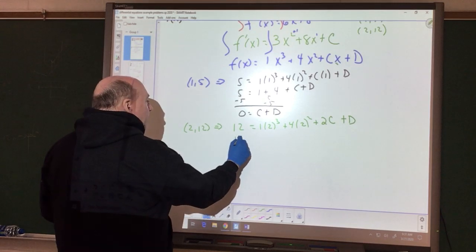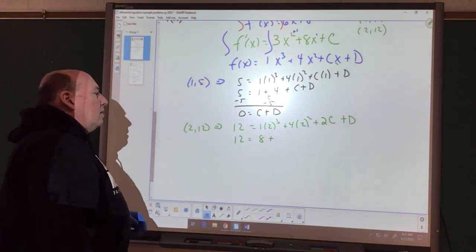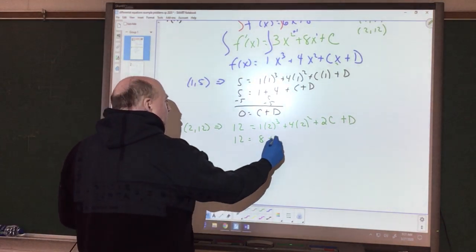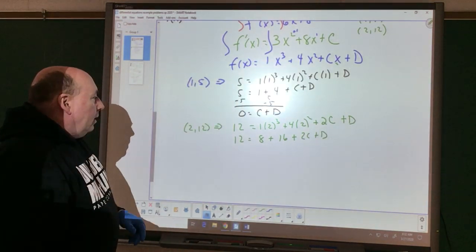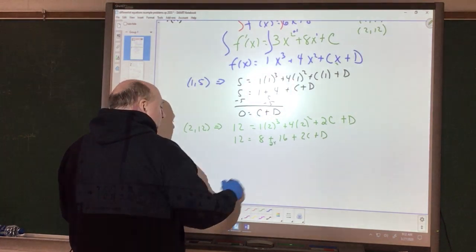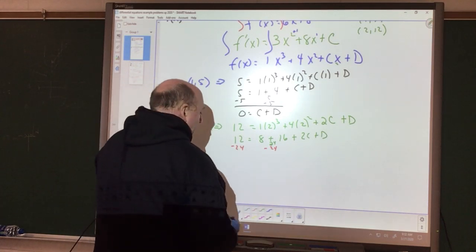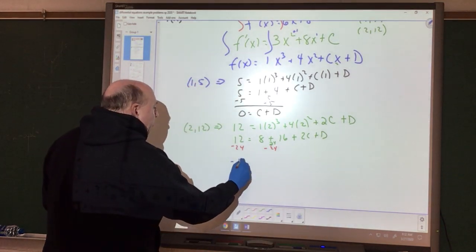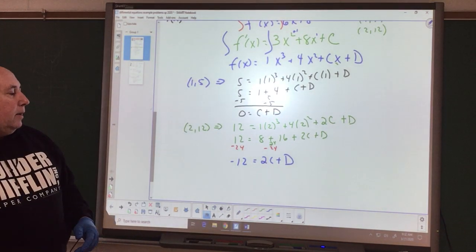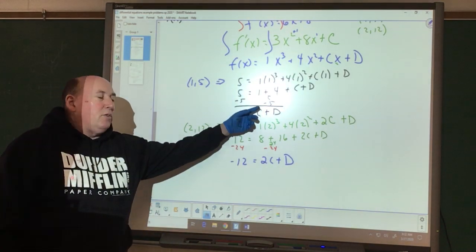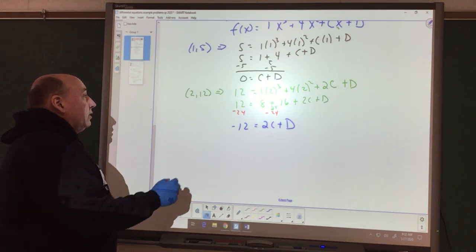So this gives me 12 equals 8 plus, let's see, 2 times 2 is 4, 16, plus 2c plus d. This gives me 24, so we'll have to subtract 24. And what we are left with is negative 12 is equal to 2c plus d. Once again, we now have two equations and two unknowns that we have to solve, a system of equations.